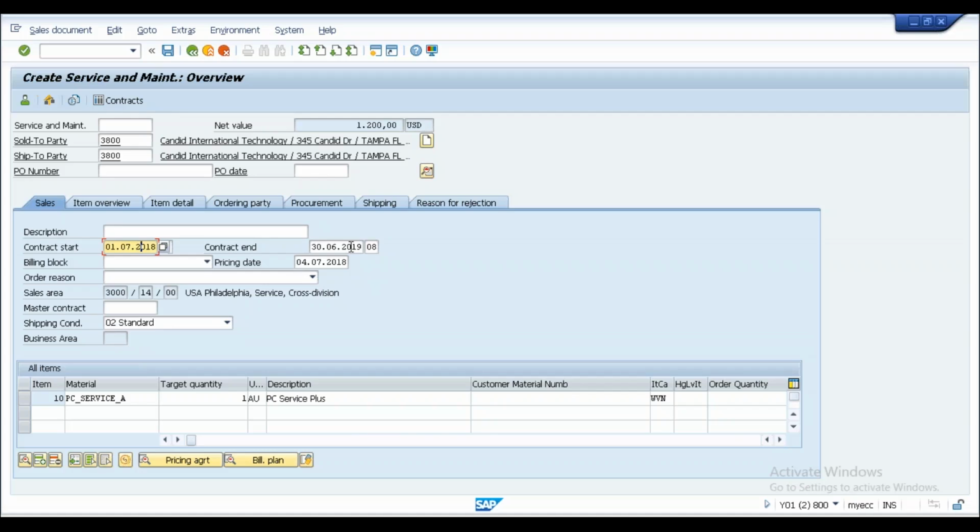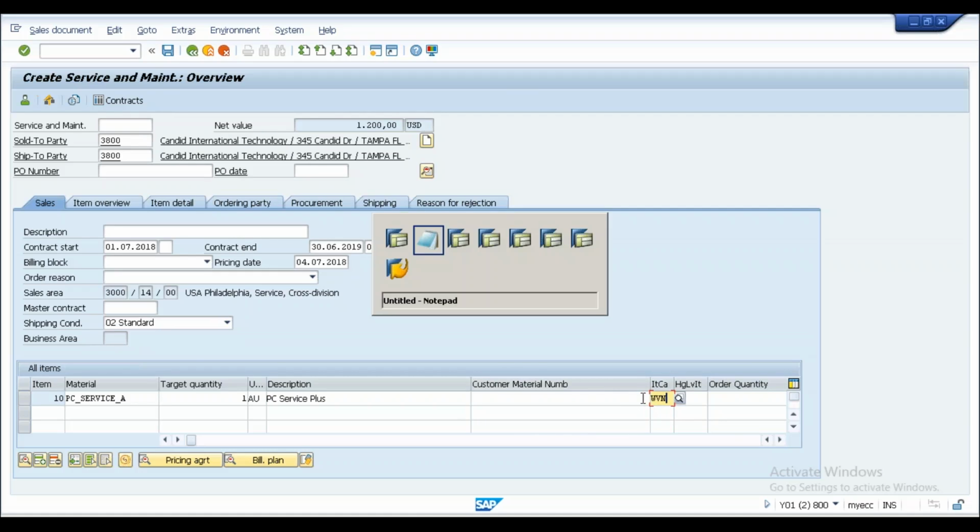As of now, just focus on how exactly the system knows that this billing has to be carried out at the beginning of the contract, or periodically, or at the end of the contract. Okay, so that is mainly based on the combination of contract type and item category.